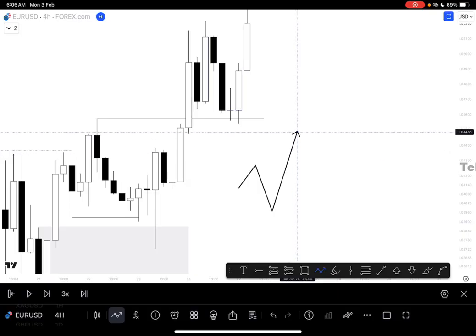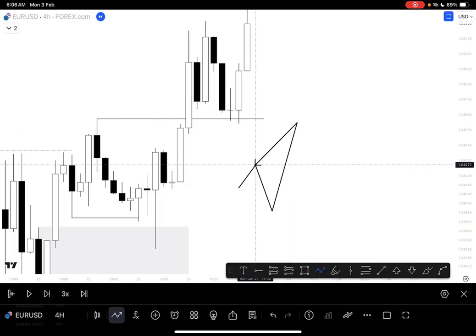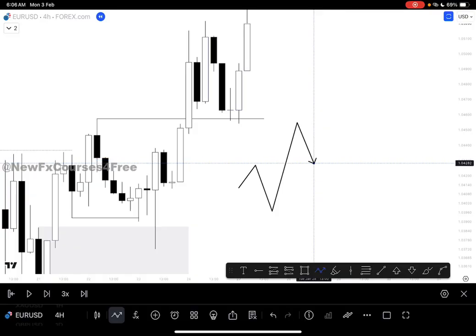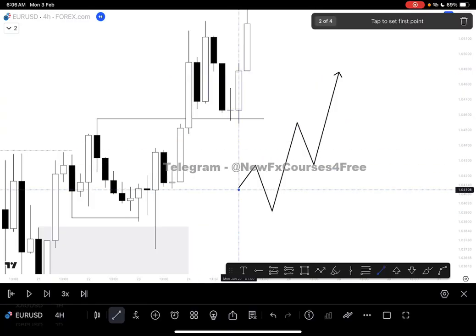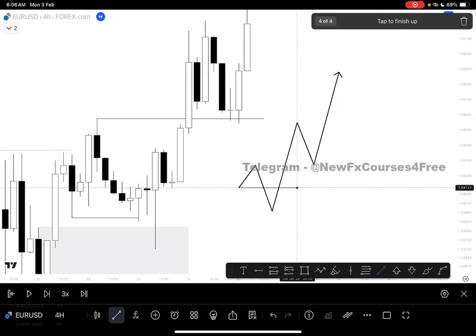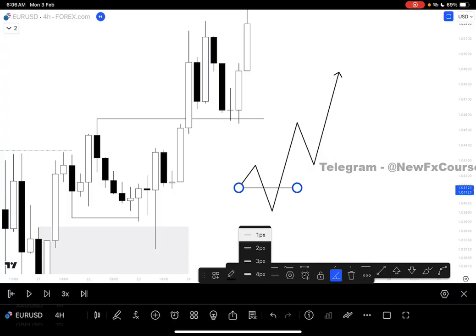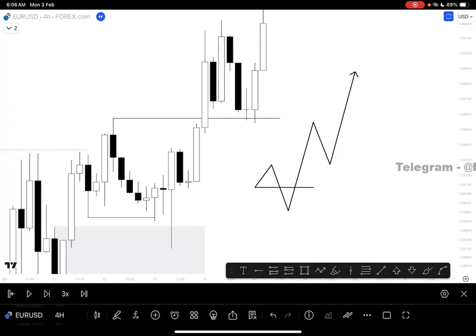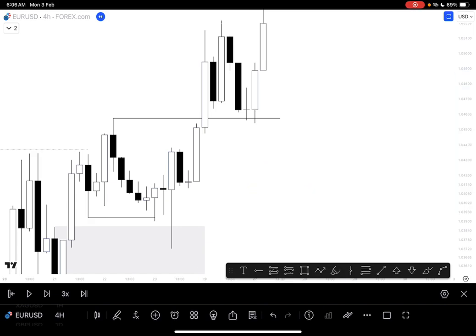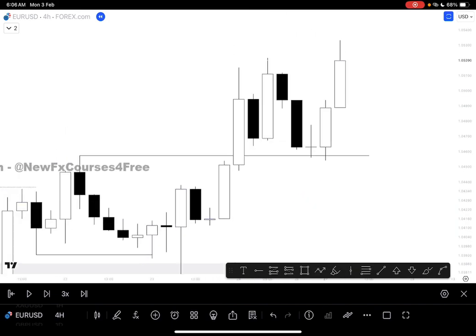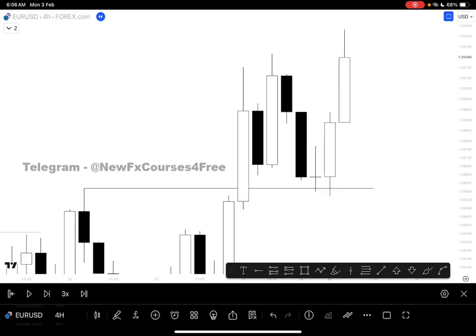Lower prices, higher prices, breaking above this high, retracement, offer support higher. That's the structure of a breaker block. So you can see the market actually moves from key levels to key levels.